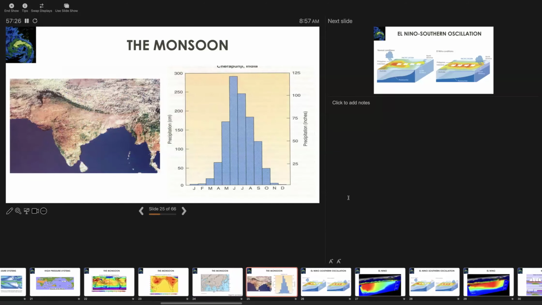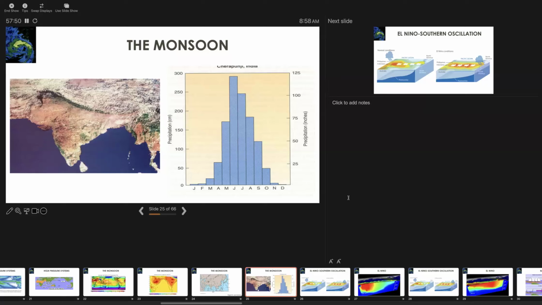So when you look at rainfall, for example, here's the Himalayas, and there's a town here called Cherrapunji, which is up in the mid foothills of the Himalayas. That's the annual rainfall, broken down by month. We've got inches on the right and centimeters on the left. Just look at the scale here. How much rainfall do we get in Fort Worth in a year?